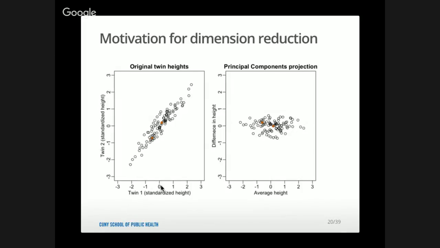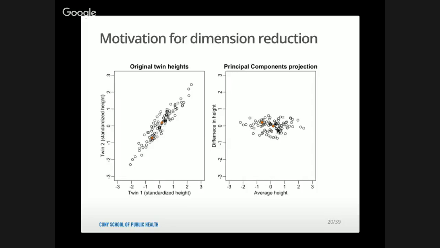And these are centered on 0 with a standard deviation of 1 because they're standardized. And we're just highlighting 2 of them here in red. So this is one twin pair, this is another twin pair. And drawing a straight line between them, the length of that line would be the Euclidean distance, because this is only a 2-dimensional data set.